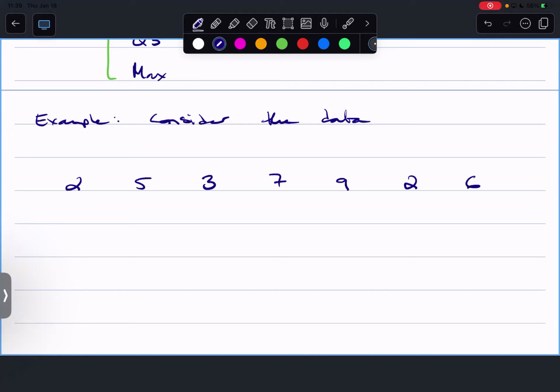Whatever. First thing, this isn't sorted. Part A, find the 5-number summary.